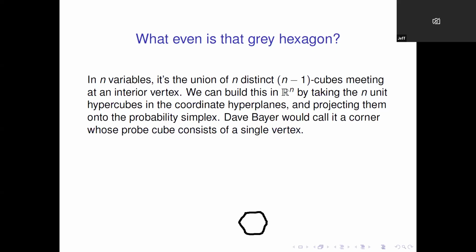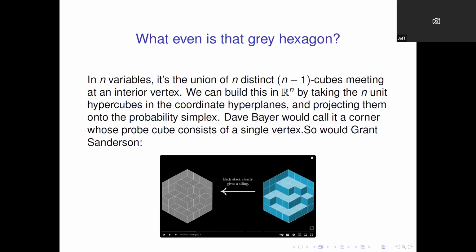Dave Bayer has lecture notes on his website where he talks about corners. That's the closest thing to any discussion of this I'd ever seen before. So he would call it a corner whose probe cube consists of a single vertex. Until two weeks ago on 3Blue1Brown, Grant Sanderson talked about what he was just thinking of as geometry puzzles, but which have exactly this idea of corners showing up.